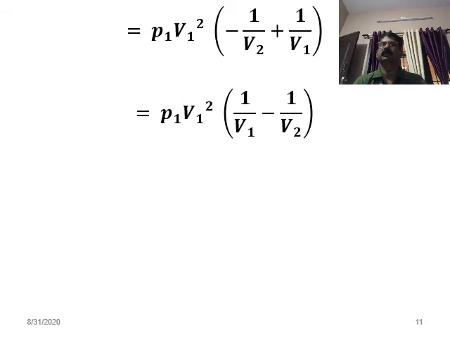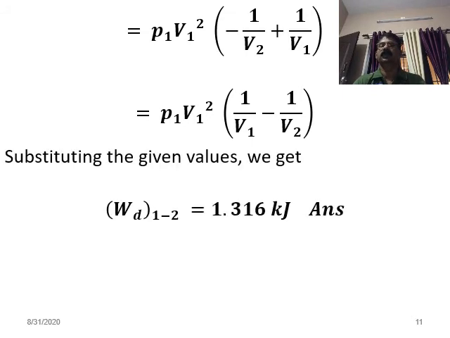Now interchange the terms inside the bracket. So you can rewrite it as P1 V1 square into 1 by V1 minus 1 by V2. Now substituting the given values, you will get work done as 1.316 kilojoules. And this is the answer for your question.